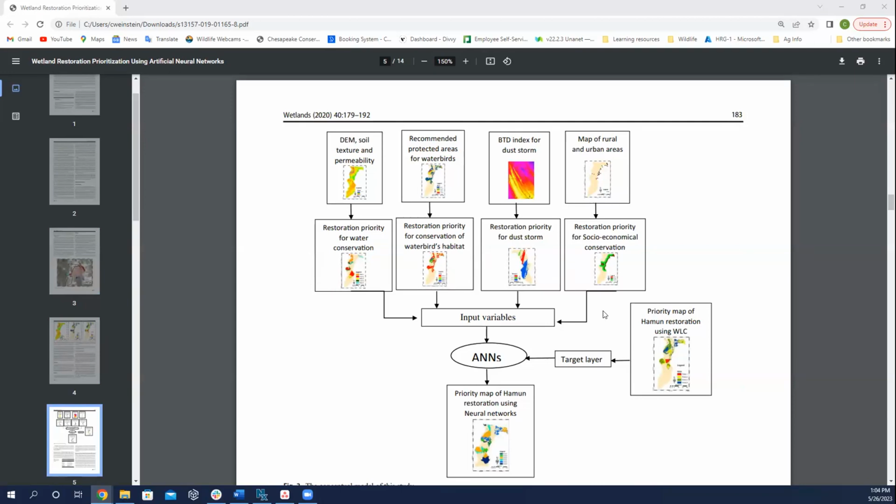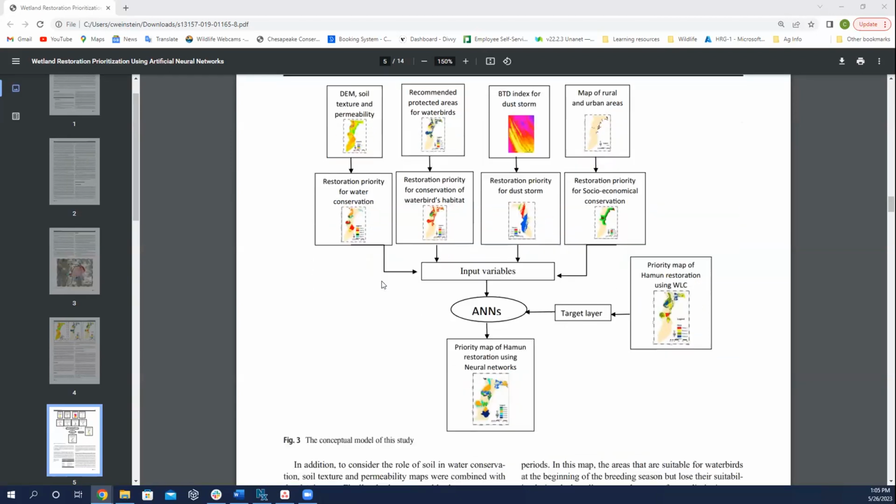They also looked at providing habitat for waterfowl. The third main function was providing socioeconomic benefits for the local economy. So things like supporting fisheries, farmers, shepherds, people's livelihoods. And then the last main function was providing water as a source for life in general. So they turned each of those 4 management goals into a different input layer and then put that through a multi-layer perceptron neural network. That's the high level explanation of it.